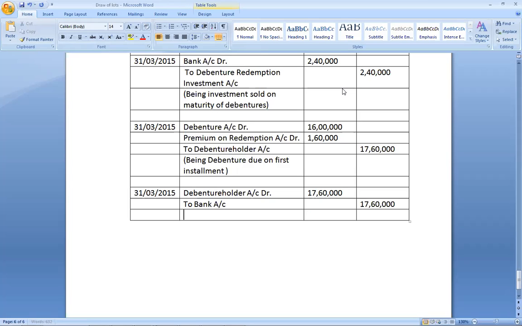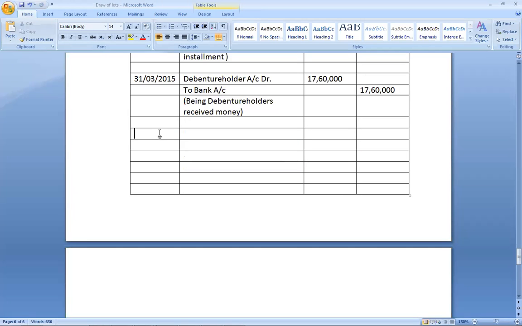And don't forget the last entry, that is, close the DRR. Finally, we have completed the 2 installment payments, and we have sold the investment also. Now we are supposed to close the DRR account. DRR account debit. We will pass the DRR account on the debit side.